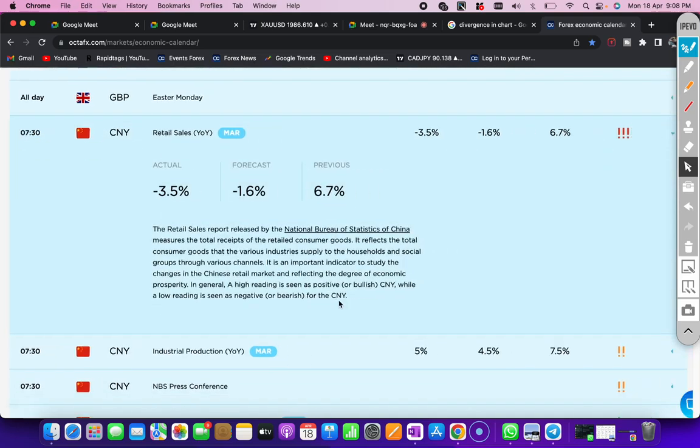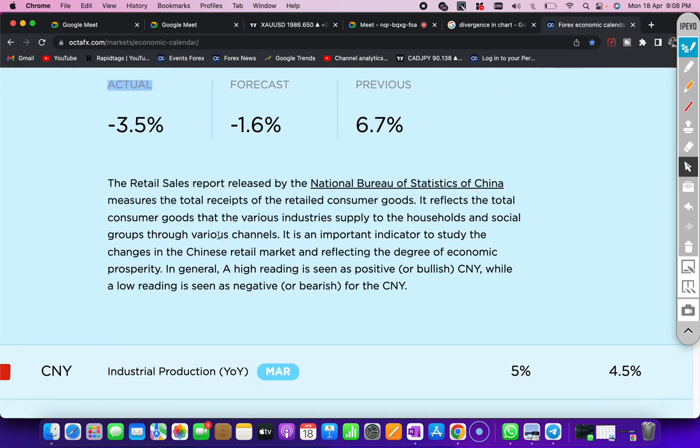It says what was expected, what was forecasted, and what is actual. It will say that the retail sales report was released, and in the end you will see a high reading is seen as positive or bullish, while a low reading is seen as negative or bearish.